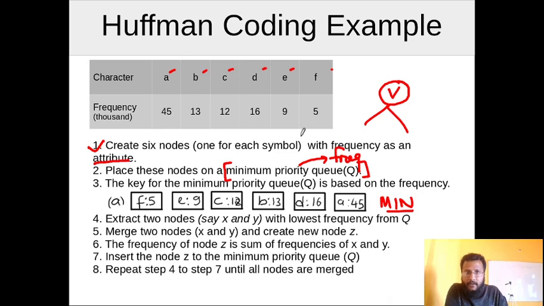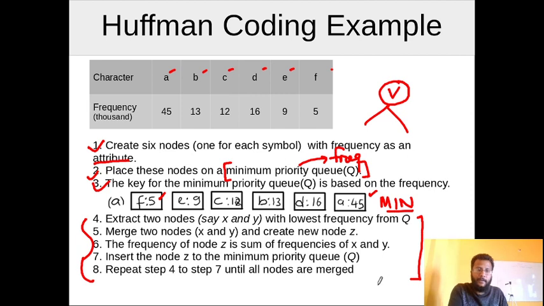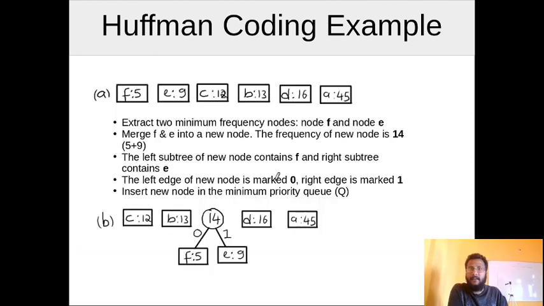F is occurring 5000 times, E is occurring 9. So, I have created 6 nodes like this. These are 3 steps. Then I need to repeat something, and I will explain this by doing an example. Okay, let us begin. So, first step A is done, create 6 nodes.